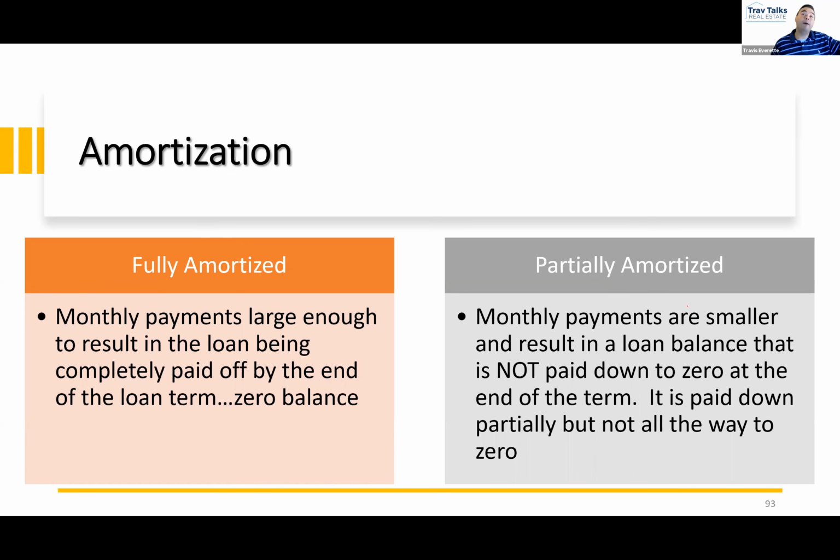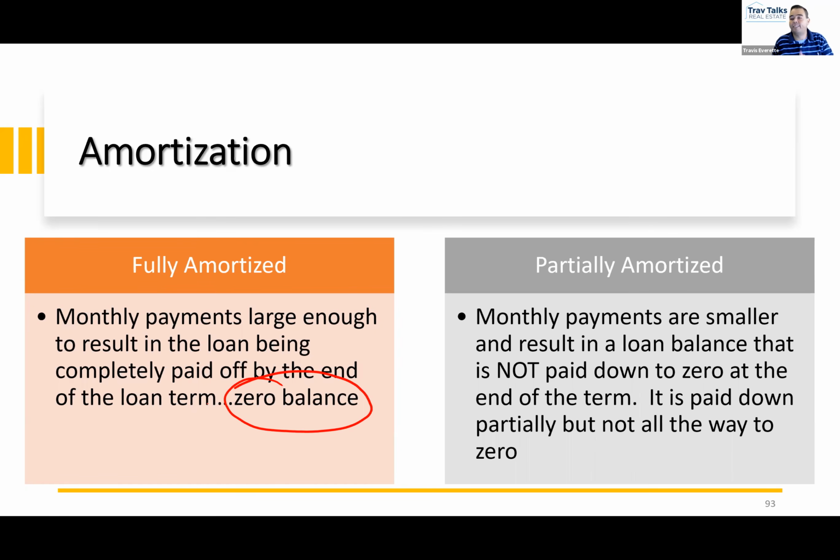If you're paying down is amortized, then fully amortized must be paying it down all the way to what? Zero. A fully amortized loan, folks, is one where when the last regular monthly payment is made, the loan balance is magically what? Zero.